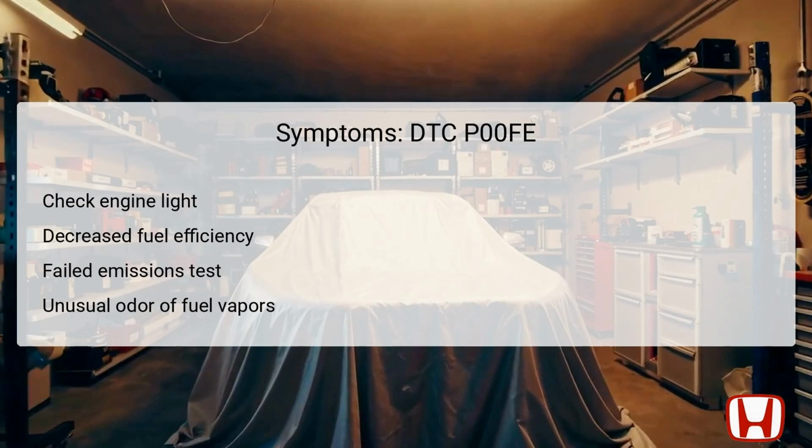A more concerning symptom is the potential to fail an emissions test due to higher levels of unburned fuel vapors. Furthermore, if there is a persistent odor of fuel vapors, it could indicate that the EVAP system is not functioning correctly, raising safety concerns. Identifying these symptoms early can prevent further complications and more serious issues down the line.